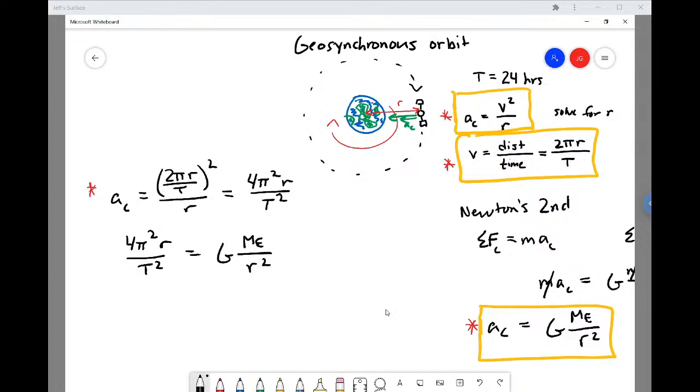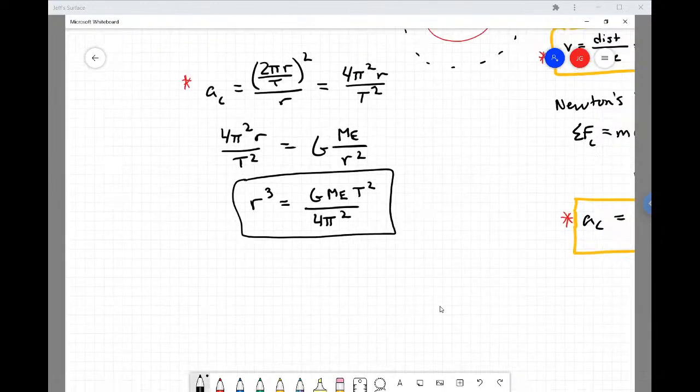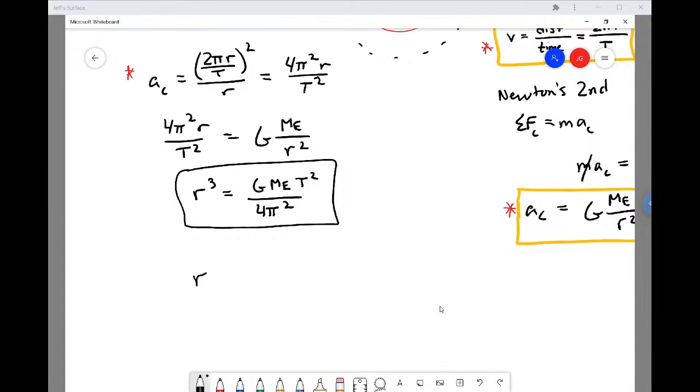So we have 1 r in the numerator on the left-hand side and an r squared in the denominator on the right-hand side. So if we solve this expression for r, we'll get an r cubed. Solving for r, we get r equals G times the mass of the Earth times the period of its revolution squared divided by 4 pi squared, and we have to take the cube root of that expression, which is the same as raising it to the 1/3 power.